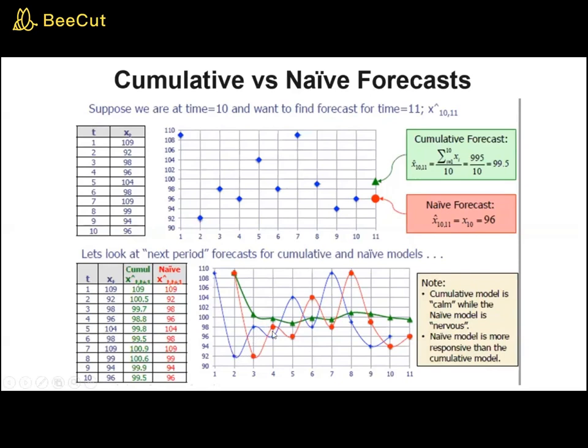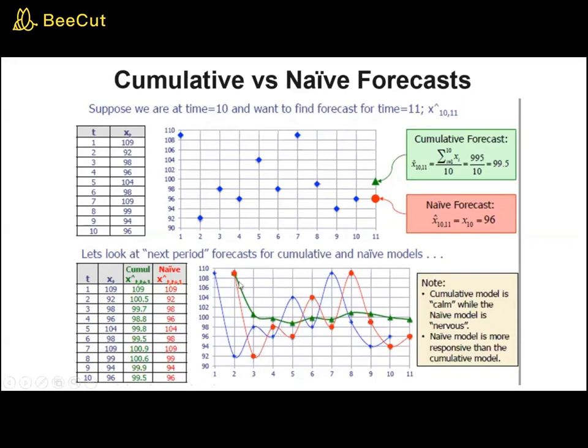It's got the same amount of increase and decrease. So that's the naive forecast, but if you decide to instead make a cumulative forecast, you see that it's a lot more relaxed. The green line is the cumulative forecast, and there's not a lot of increase and decrease compared to the red, or the naive forecast.